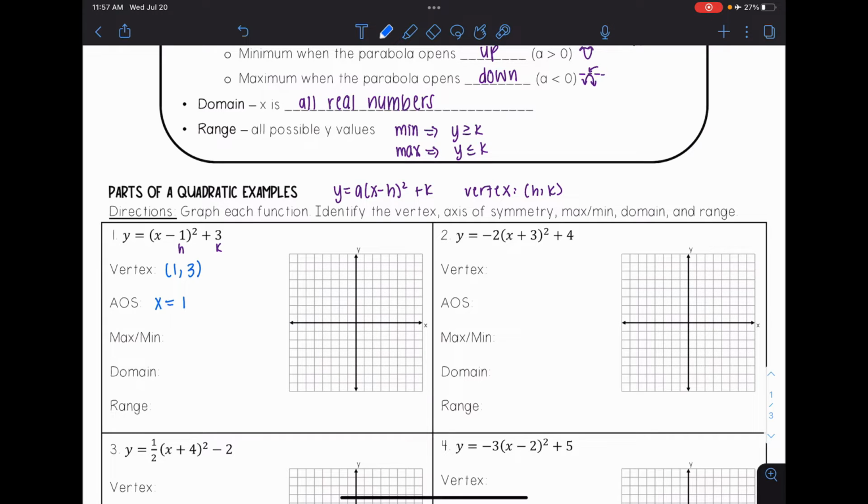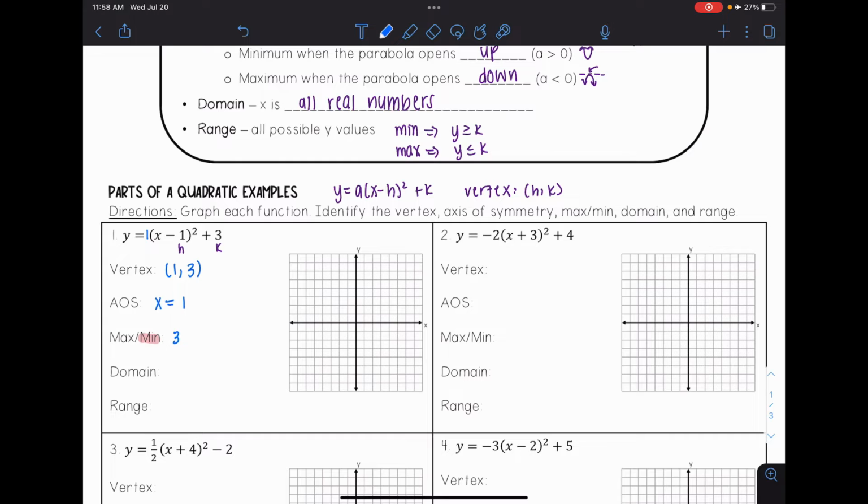I don't have a number in front here, so there's really an invisible 1. So I see that this is positive, so this is going to be a minimum. And it's always going to be the y value of the vertex that is your min value. So the y value of my vertex here is 3.